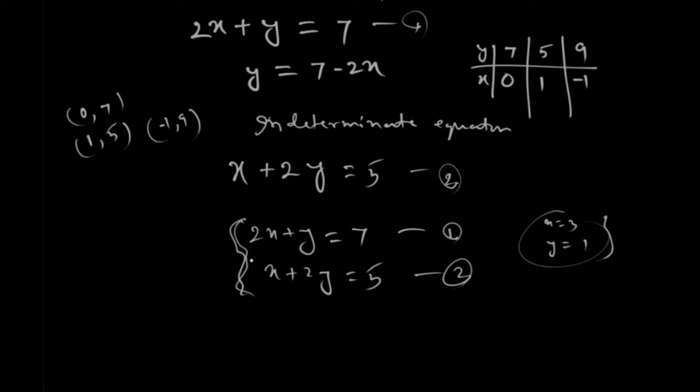So these are the solutions for these two equations taken together. These two equations taken together have this unique solution, and any other values of x or y will not satisfy these two equations. Only these two values of x and y will satisfy these equations, and these equations, when taken together, are called simultaneous equations.